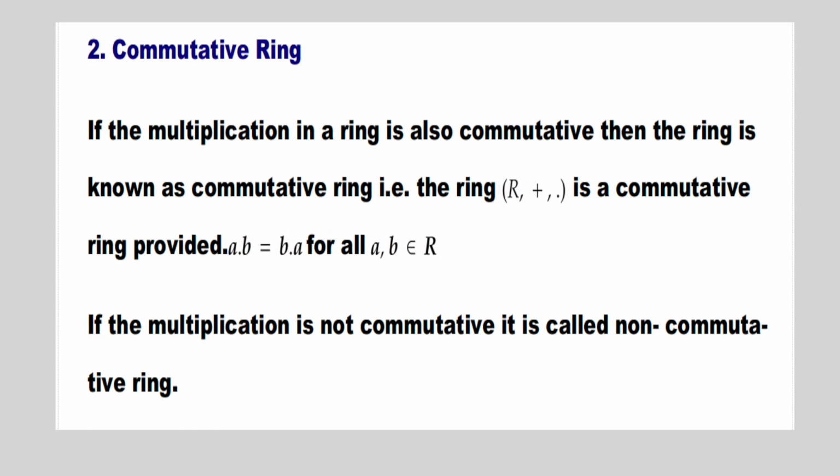If the multiplication in a ring is also commutative, then the ring is known as a commutative ring. That is, the ring R with addition and multiplication is a commutative ring provided a · b = b · a for all a, b belongs to R. If the multiplication is not commutative, it is called a non-commutative ring.